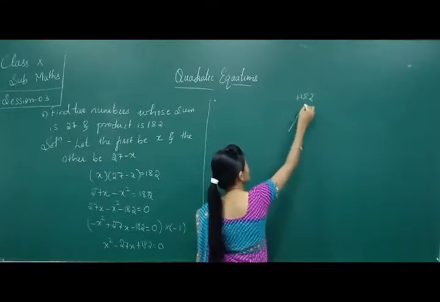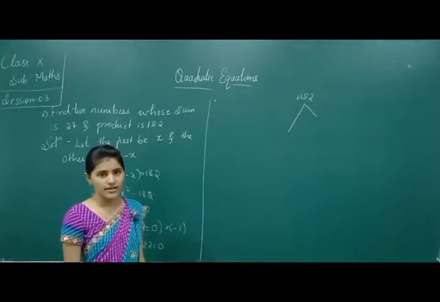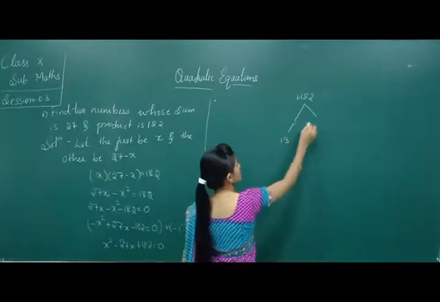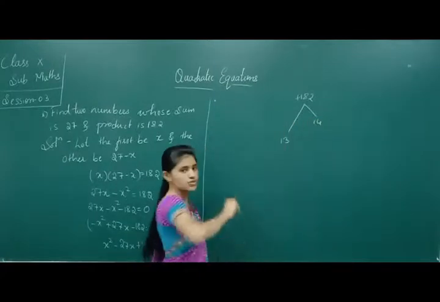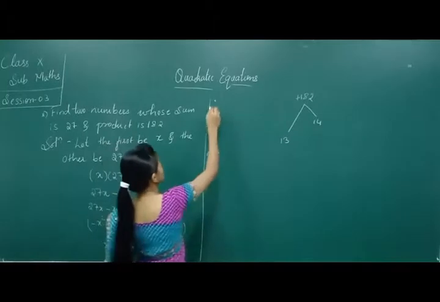Let us say 13 into 14 is going to give me 182.